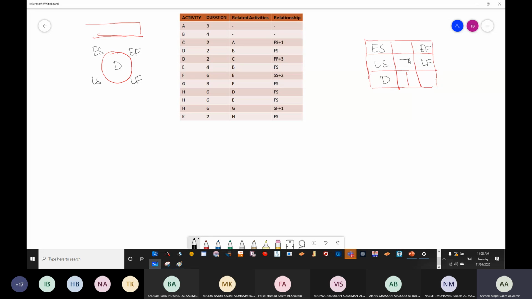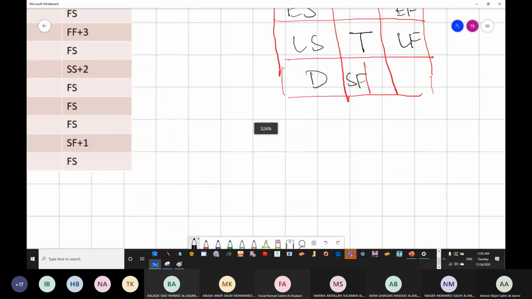Here we have the task name. So here we have task and then the duration. Other than that, we are having something called start float.